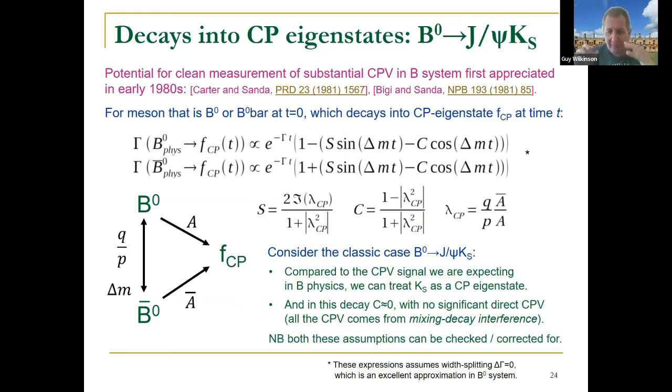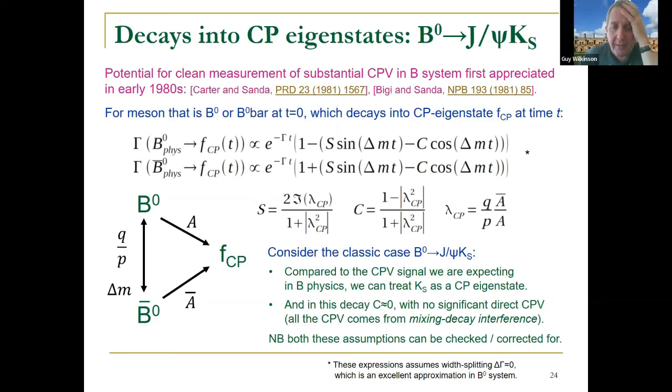Now let us focus on J/psi K short. Is this a CP eigenstate? Well, it's got a K short in it. You should know that K short is not a CP eigenstate. That's how CP violation was discovered, but it's very close. Compared to the size of the signal we expect, we can regard it as a CP eigenstate. So J/psi K short is a CP eigenstate.